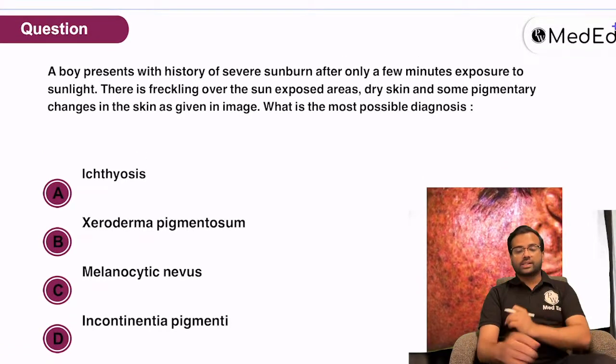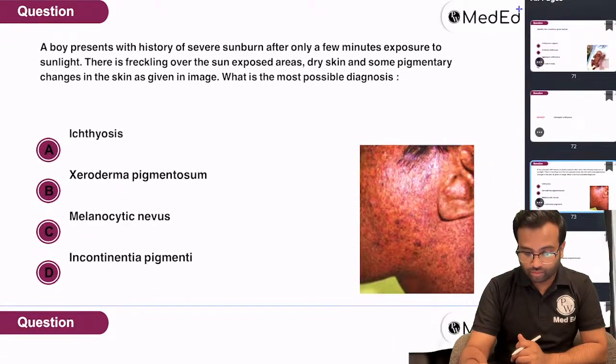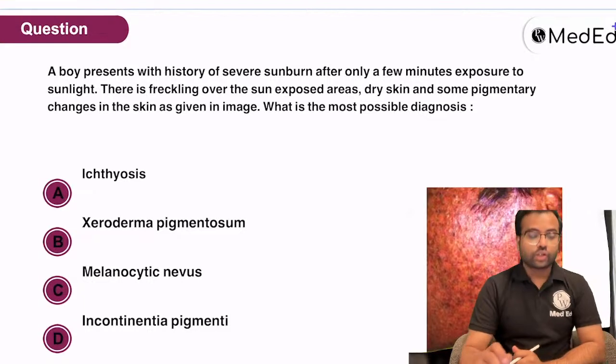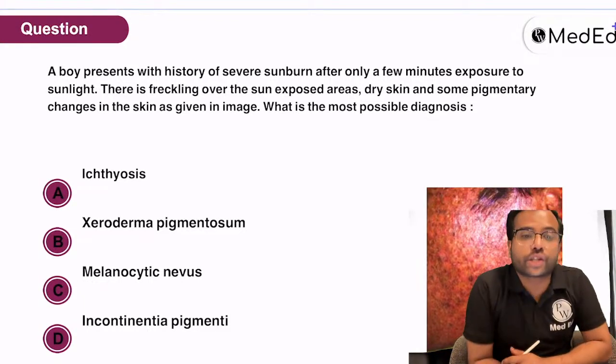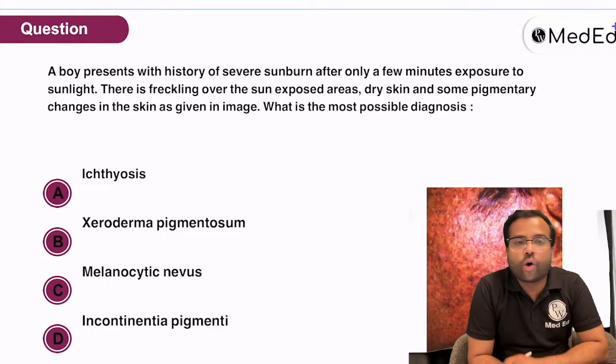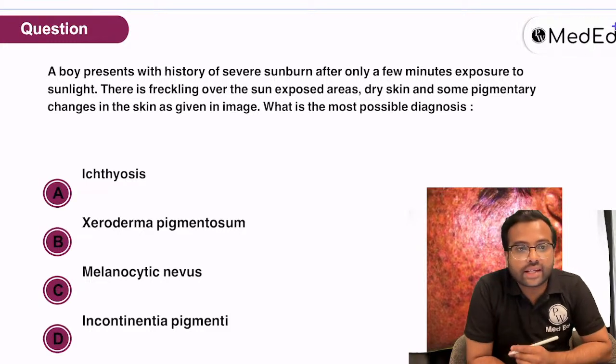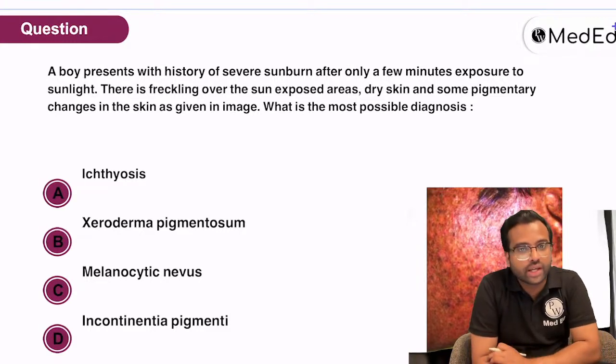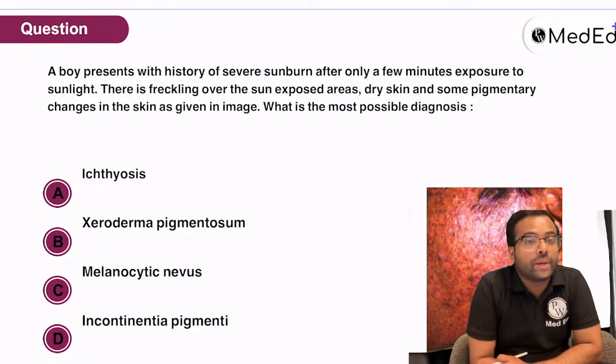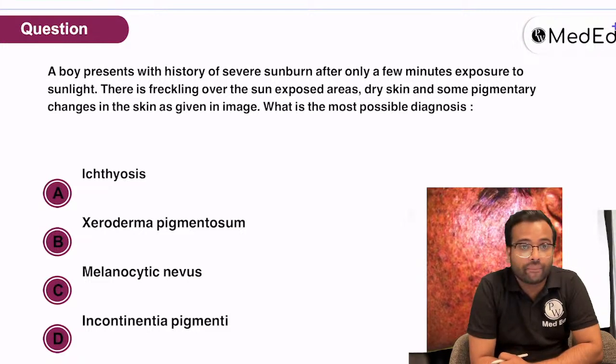A boy presents with a history of a severe sunburn only a few minutes after exposure to the sunlight. There is freckling over sun exposed areas, dry skin, some pigmentary changes in the skin as well. What is the most probable diagnosis?